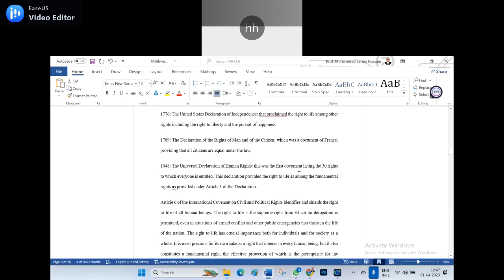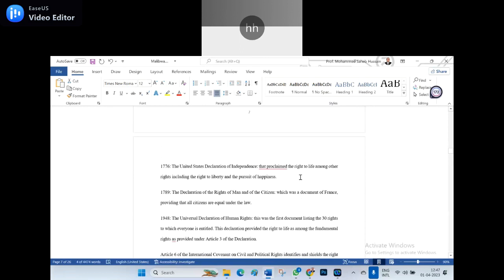Those who want to say, you write in a paragraph, keeping the year, because these are all the international instruments. Write in a paragraph. Don't write 1776 colon, and 1789 colon, 1940. No. Make it one paragraph, all those things.